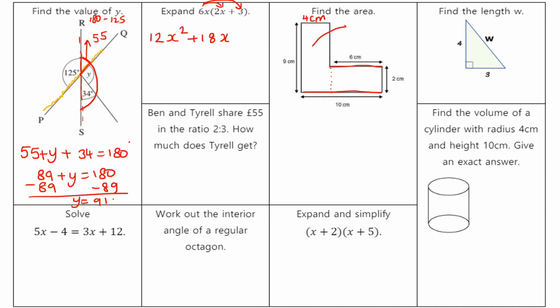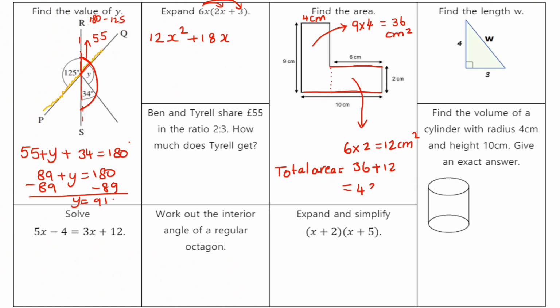So that means the area of this is going to be 9 times 4, which is 36 centimeters squared. And area of this is going to be 6 times 2, which is going to be 12 centimeters squared. And our total area will become 36 plus 12, 48 centimeters squared.